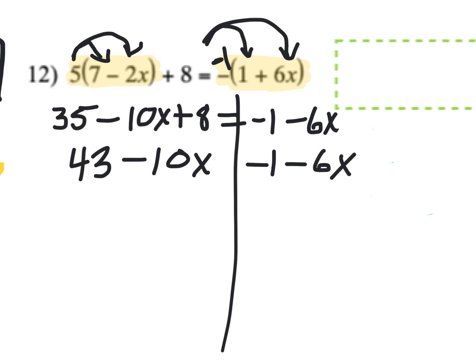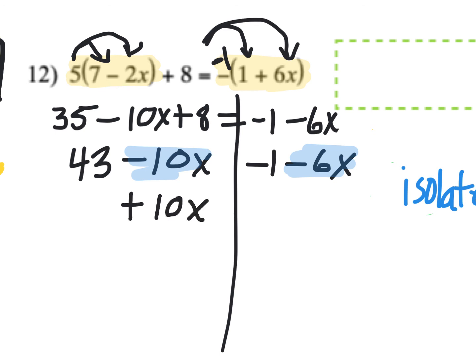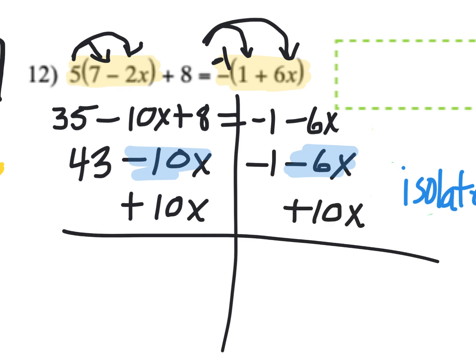So last but not least, I need to isolate. I need to get one variable, and I need to get that one variable by itself. So it doesn't matter which one of the variables I get rid of. I'm going to go ahead and get rid of the minus 10x though, by doing a plus 10x, and I need to do it on both sides. So I'll bring down the 43.